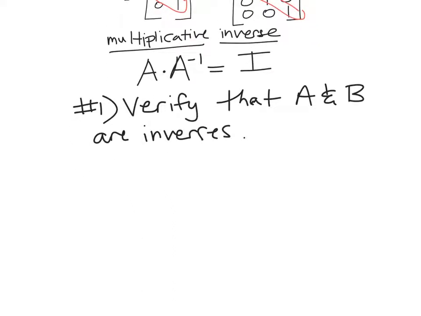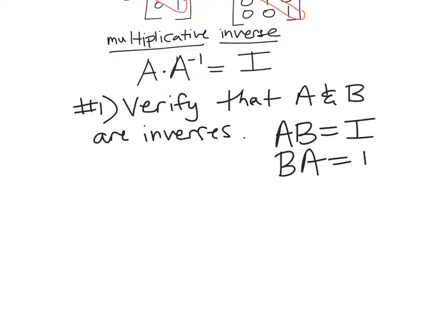Now here's what you're supposed to do, and I'm going to make it a little easier on you. You're supposed to show that A times B equals the identity matrix, and that B times A equals the identity matrix. But I'm not going to make you do both. You just have to do one way. So we're going to show that A times B equals I.